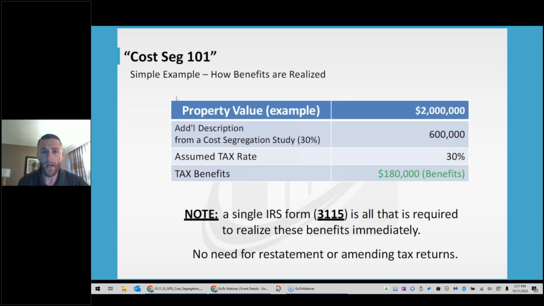IRS regulations allow for bonus depreciation purposes you to expense at this time for the tax year of 2023, you're able to expense 80% of everything identified in those values. So of that 600,000, you could expense 80% of that value on your 2023 tax return.